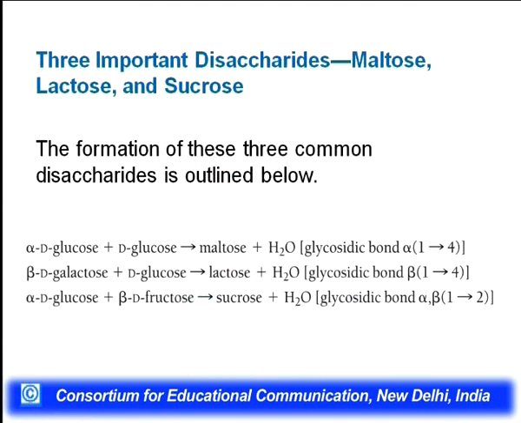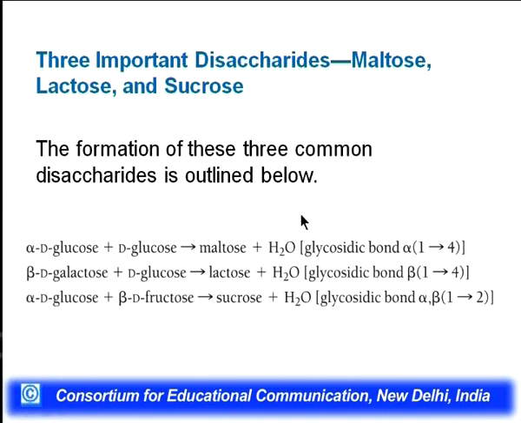Now if I talk of 3 important disaccharides, which are maltose, lactose and sucrose, in the case of maltose, alpha D-glucose reacts with D-glucose, resulting in the formation of maltose plus water.